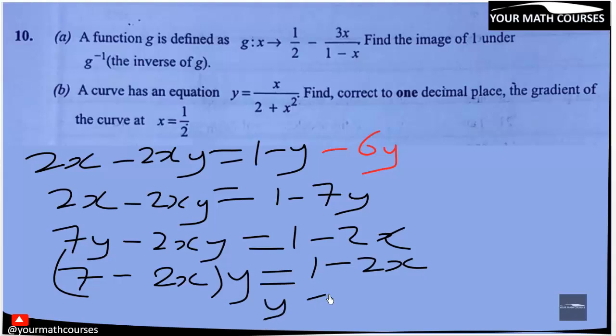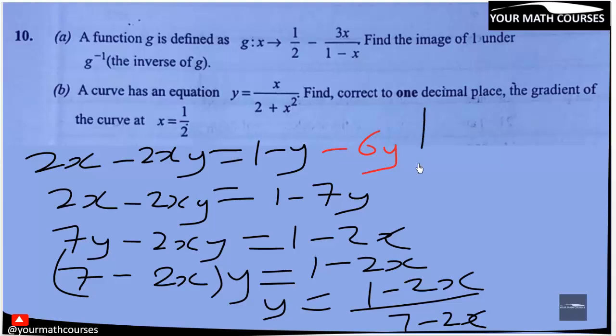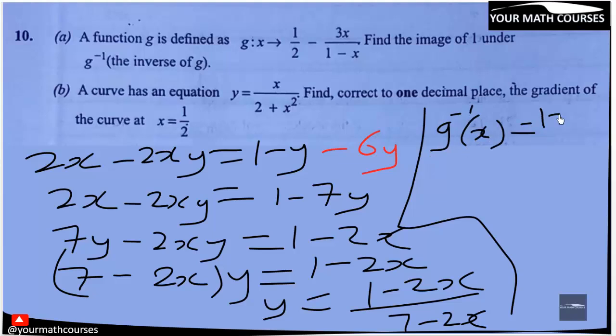So y will be equal to 1 minus 2x over 7 minus 2x. So we can now find this is the inverse. Hence, g inverse of x is equal to 1 minus 2x over 7 minus 2x.